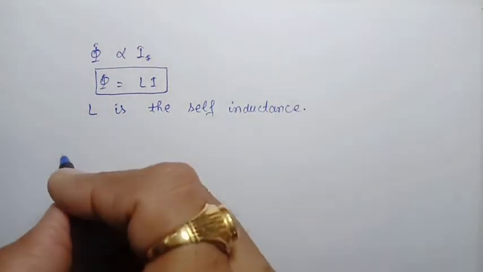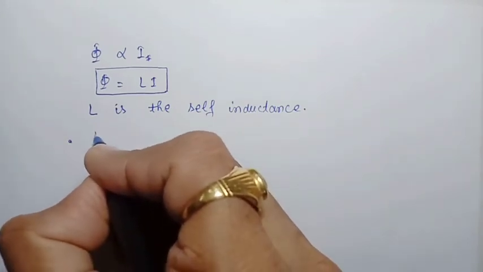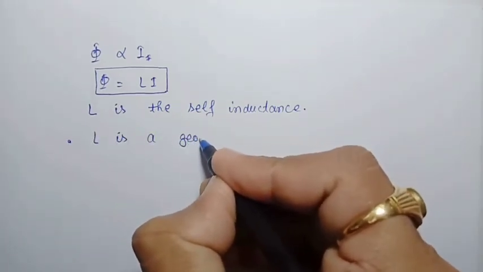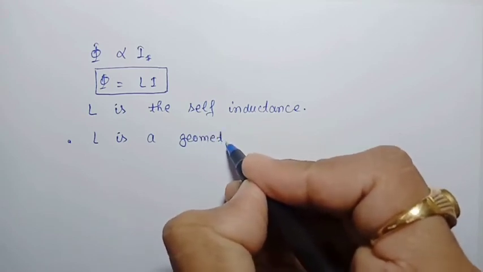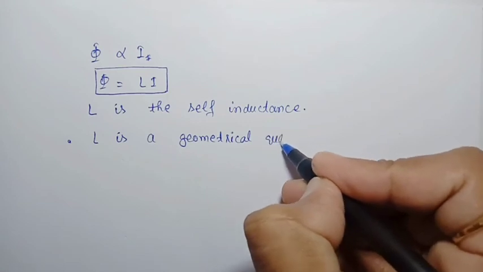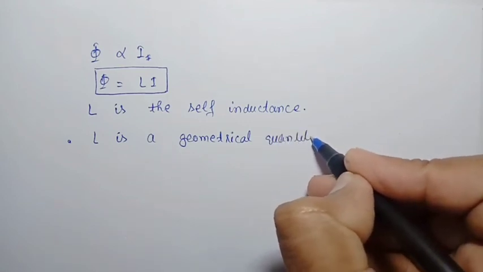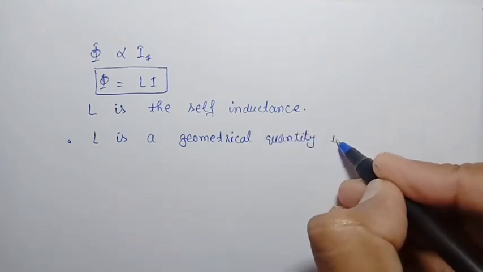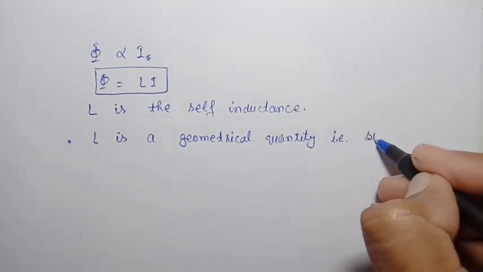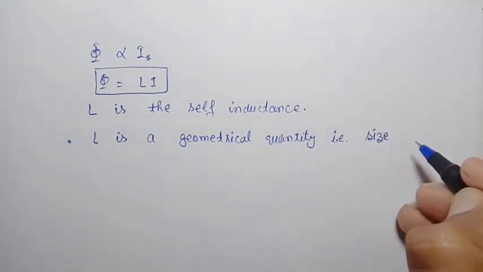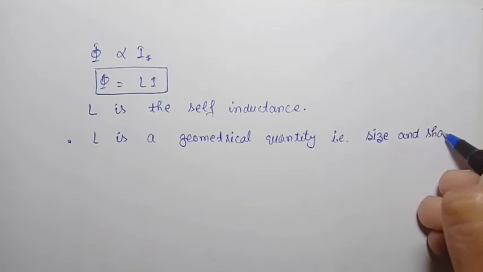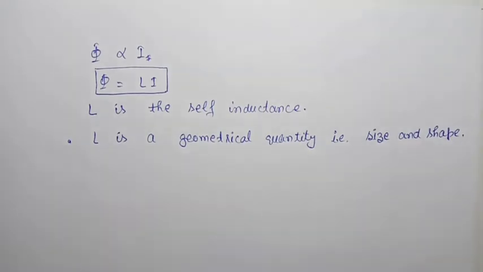Again this L is a geometrical quantity. In this case it depends upon the size and shape of the source loop.